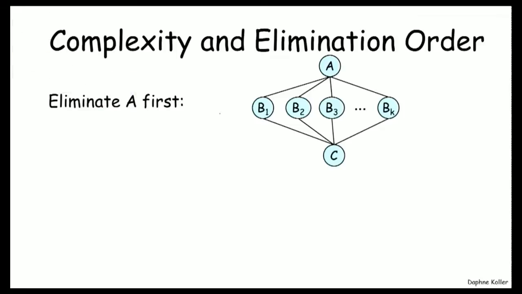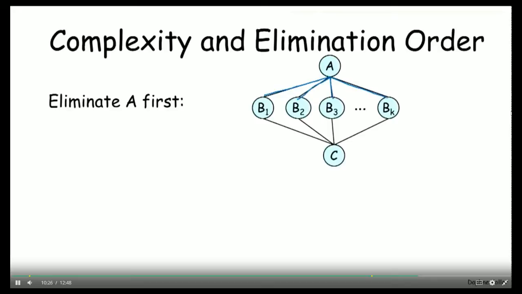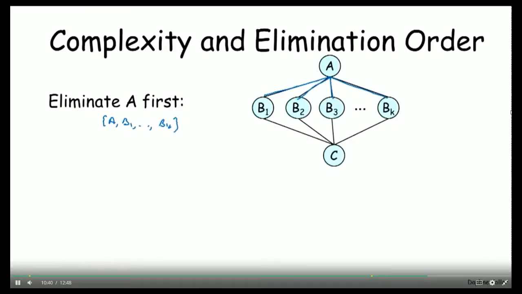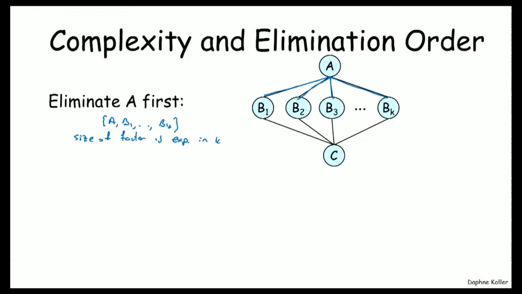Well, we have a factor AB1, AB2, AB3, up to ABK, and the total scope of the factor that we generate is going to be A, B1, up to BK. So it's going to be exponential in K. So the size of the factor is exponential in K. Maybe this is inevitable. Well, no.